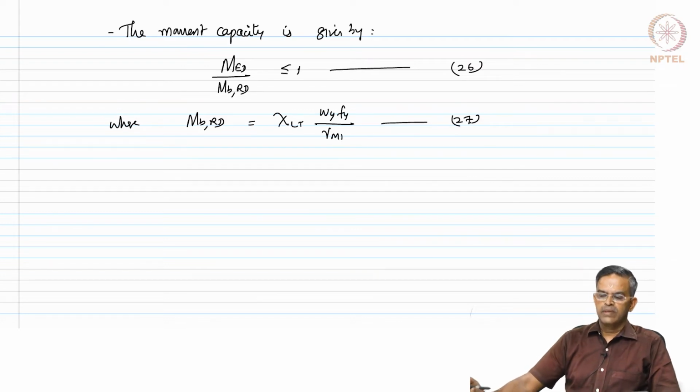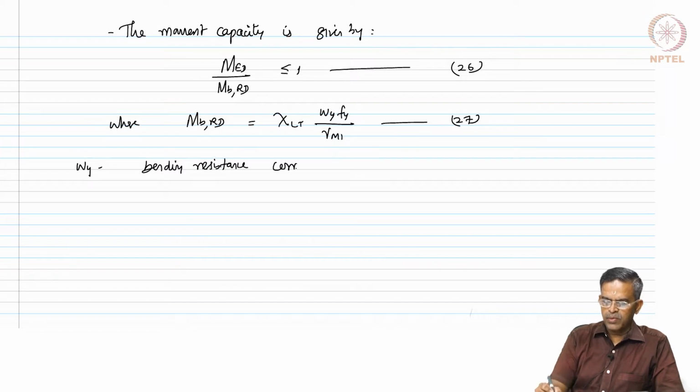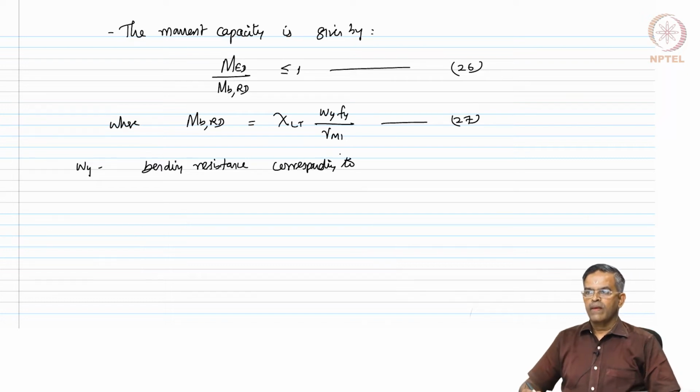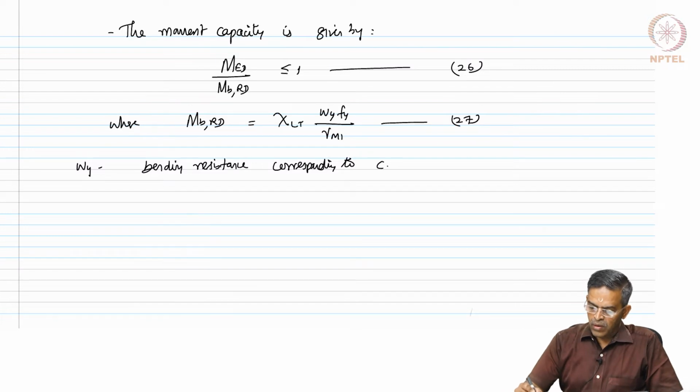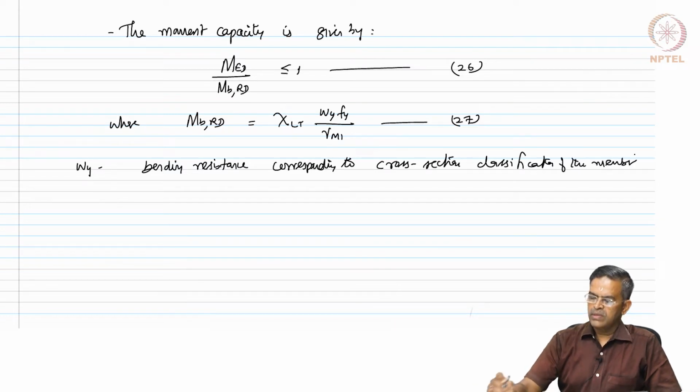Now, let us see. W_y is the bending resistance corresponding to the cross-sectional classification of the member. I think we all know the cross section is classified according to the section being used.